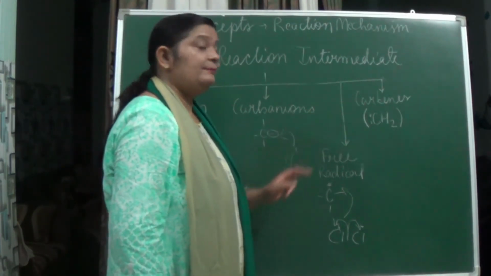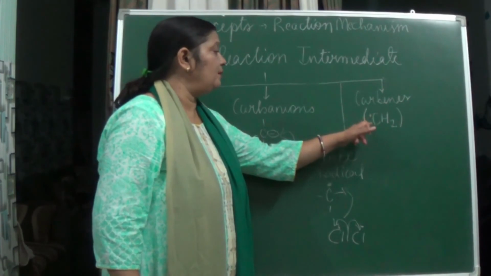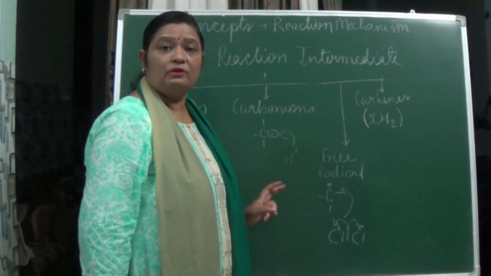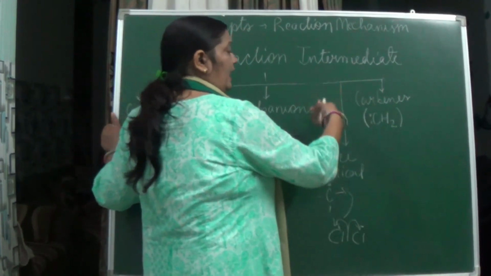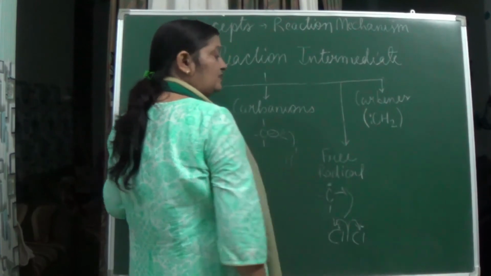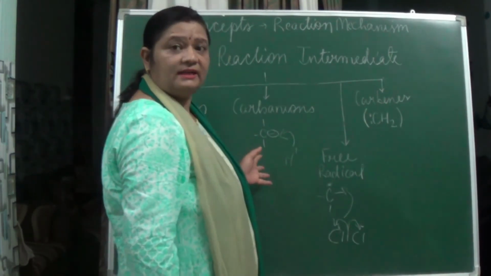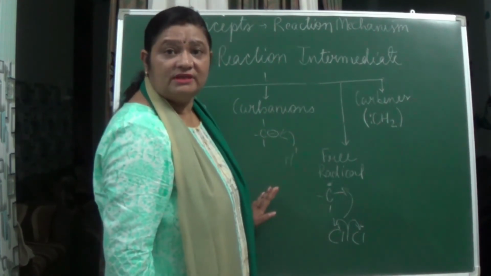Like that, carbenes, what happens here? We see one pair of electrons is totally free over here, and as it has excess electrons, it can attach with electrophiles very easily, isn't it? So these are the reaction intermediates.